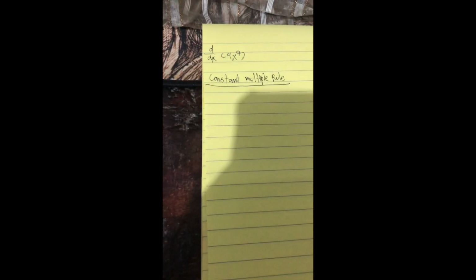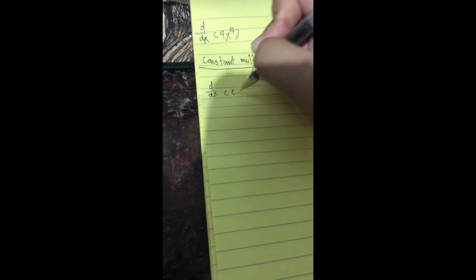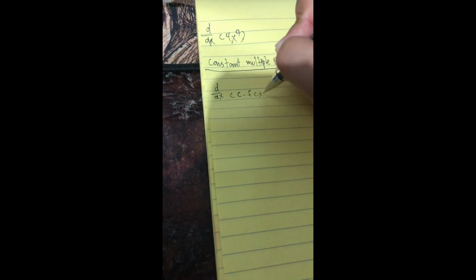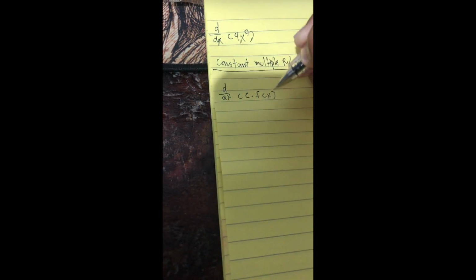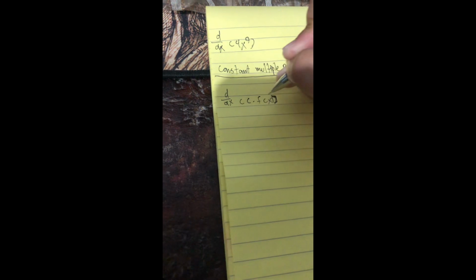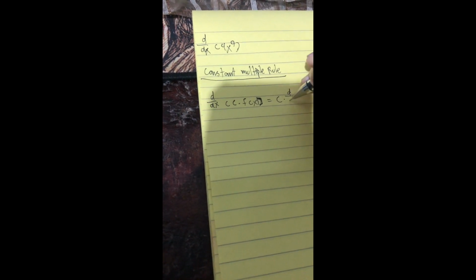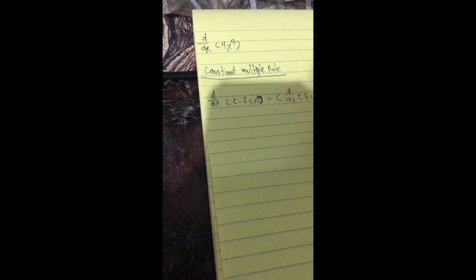This rule is used for solving constant multiple functions. The derivative of a constant times f of x is equal to the constant times the derivative of f of x.